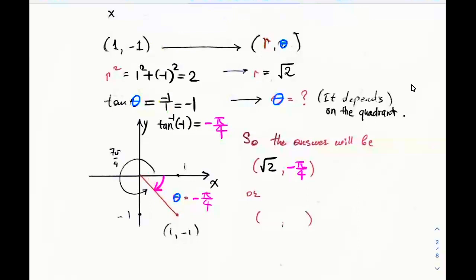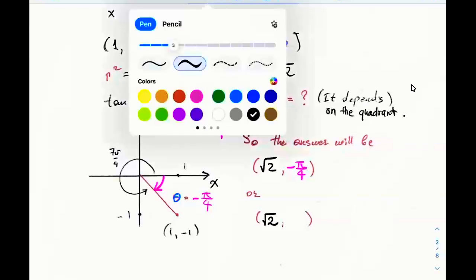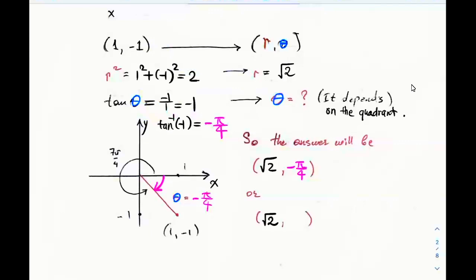What will be another representation of this same point over here? Yes, very good. If I still keep positive square root of 2 for this one, if you go along this way, then you can also have the angle like this, right? We go like this.